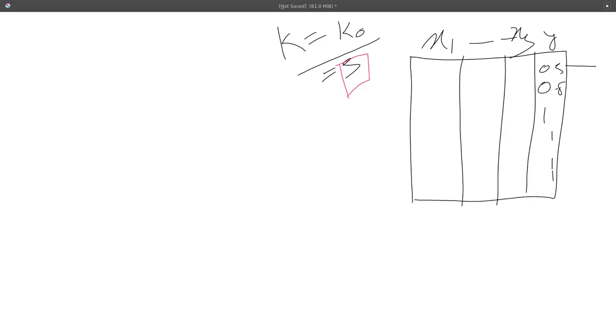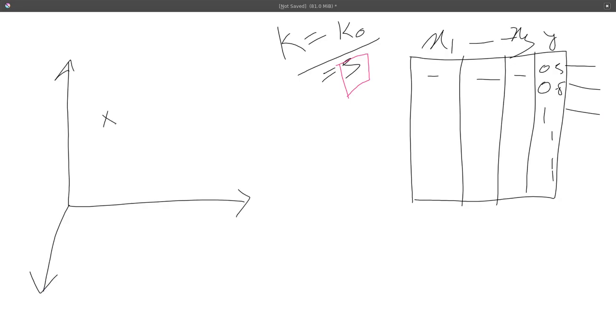For each of these entities, we look at the values of x1 to x3 and plot these points on the graph. So now there are no two classes, there's just one class, and we just plot these points wherever possible on the graph.